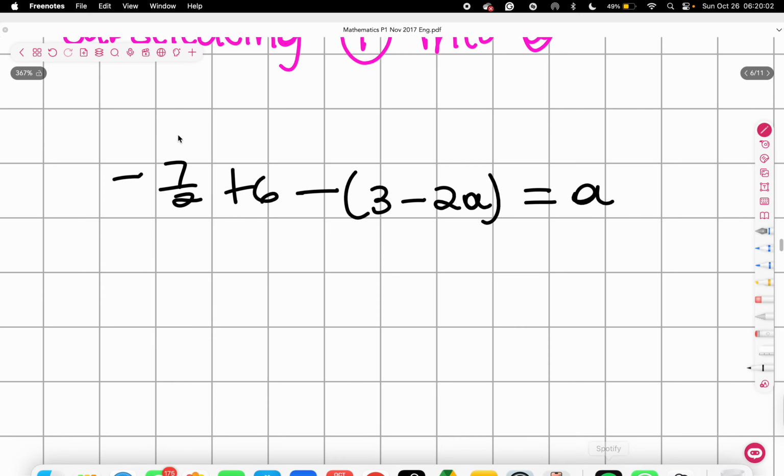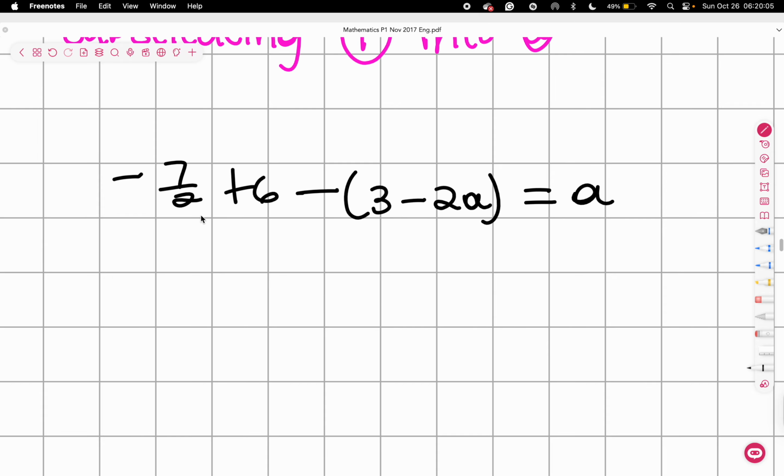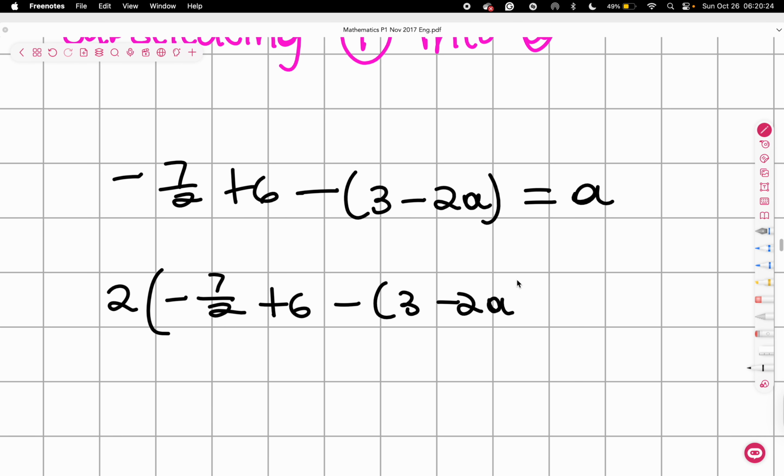Okay, so if we are to remove our denominator of 2 everywhere, it would be 2 into negative 7 over 2 plus 6 minus square bracket 3 minus 2a, is equal to 2a.